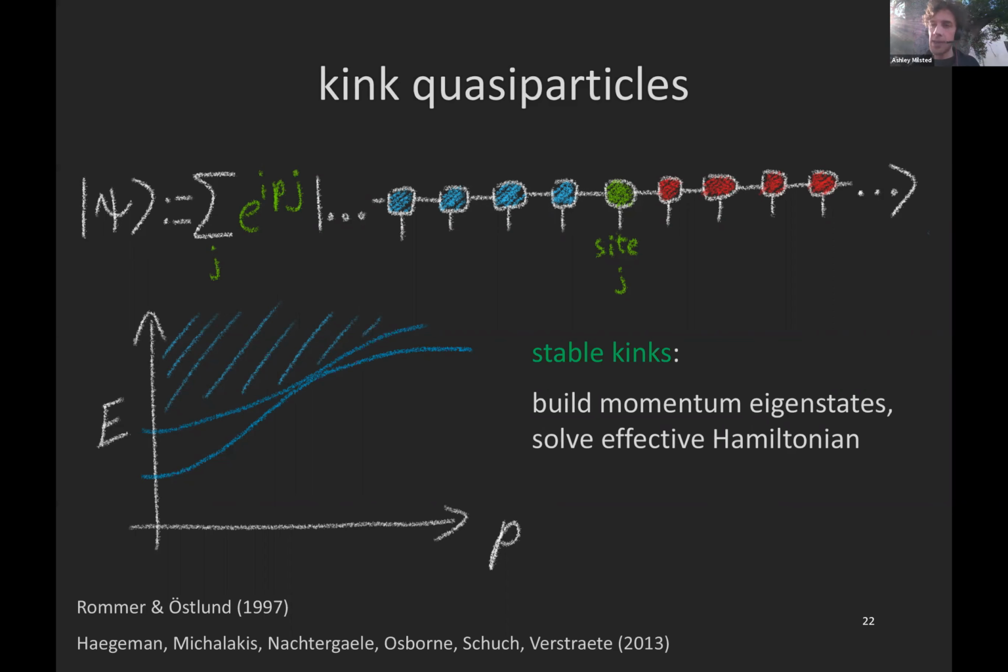And if we can subtract off that difference, we can build an effective Hamiltonian where the kinks are again eigenstates, or these momentum eigenstates are also Hamiltonian eigenstates, more precisely. Then we can find the kink quasiparticles of that effective Hamiltonian, and those turn out to be good stable kink excitations for the true Hamiltonian of the system, despite them not being eigenstates of the true Hamiltonian.